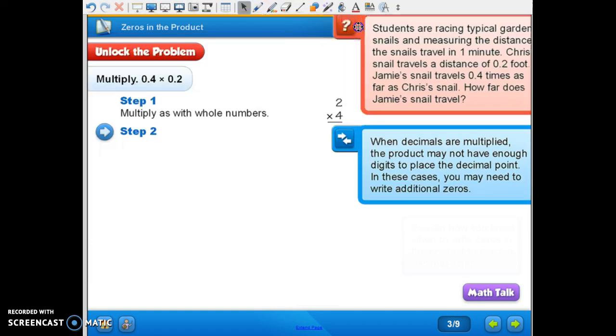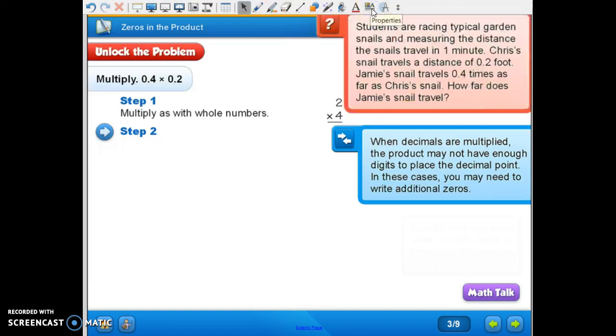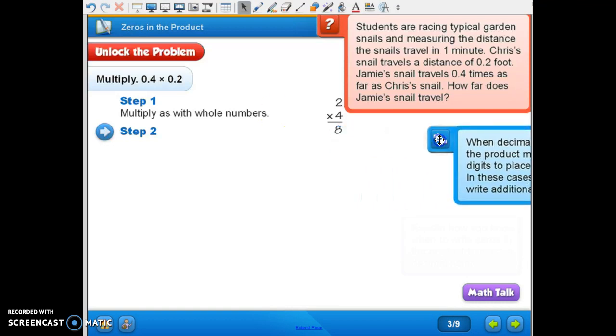So that's our question. Here's just a little hint that says when decimals are multiplied, the product may not have enough digits to place the decimal point. In these cases, you may need to write additional zeros. Multiply as with whole numbers.